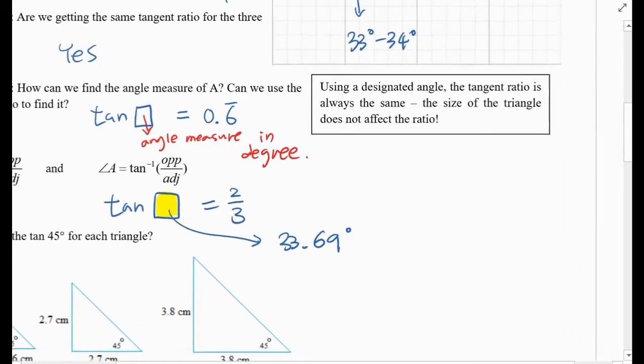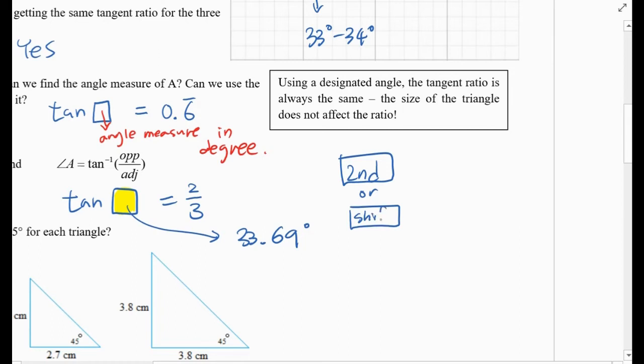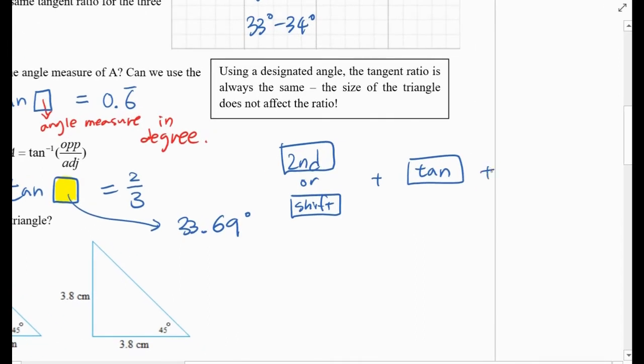Make sense, everyone? So here, what you do is find the second button, or maybe alpha or shift on your calculator, and then the tangent button, and then you put in the ratio. The tangent button is actually tangent, and if you hit second or shift, that is actually inverse tangent.